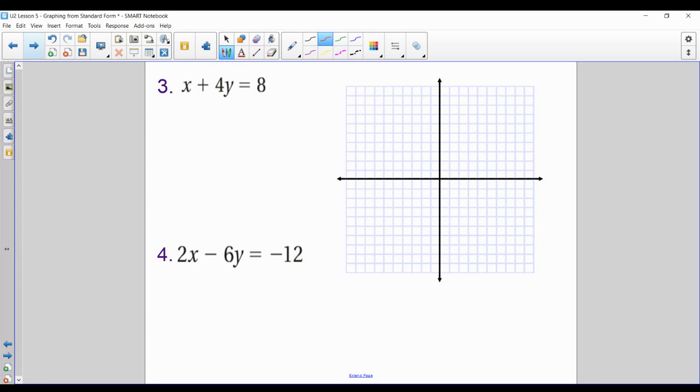Okay, in the other method, we said I can use the two intercepts, the x-intercept and the y-intercept. If you remember, the x-intercept comes when I'm on the x-axis, so the y value will be 0.